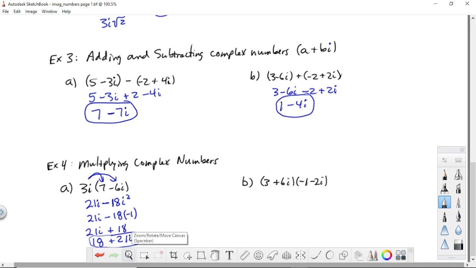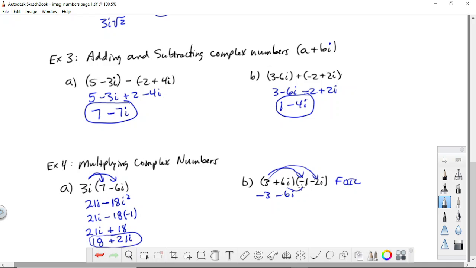Okay, so this next one, both numbers have a non-zero real part. So this one has more work to do. So we FOIL it. Just like we would if this was two binomials, x plus 3 times x plus 5 or something like that, we would FOIL it. We do that. So this gives us negative 3. And then that gives us negative 6i.